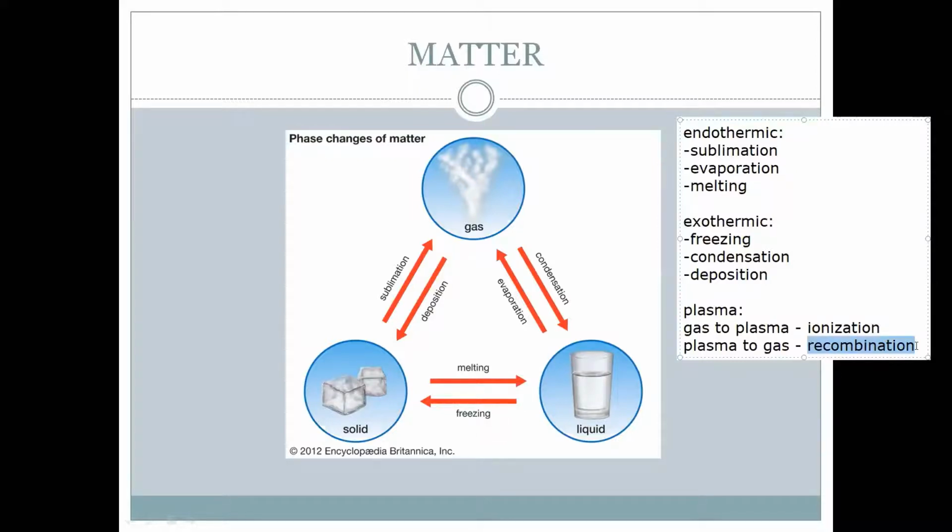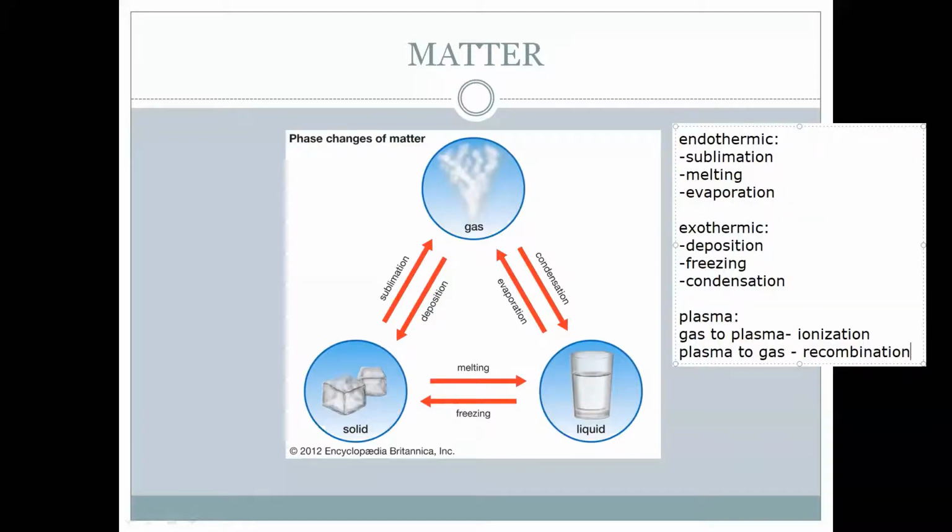It's recombining together. So from ionization, it recombines to a whole atom. Okay? So to sum that up, pag gas to plasma, humihiwalay yung electrons sa atom. Pag recombination, bumabalik yung electron dun sa atom.